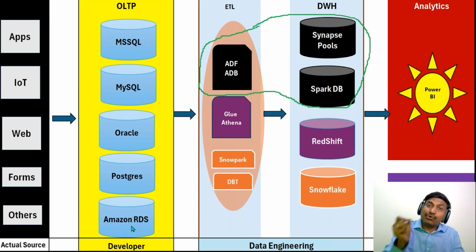In the majority of cases. In a few other cases, we need to skip the yellow box OLTP layer and read the data directly live from applications and IoT devices. So we need to prepare in such a way that we read the data from database sources and non-database sources, structured sources and unstructured sources, perform ETL, extract, transform, and finally load the data to the warehouse.